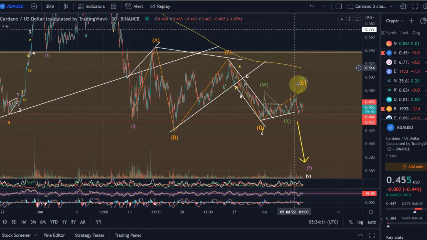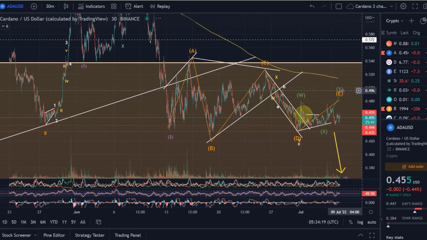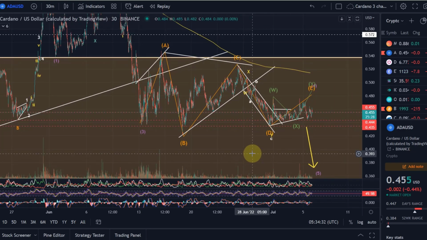If we don't, and if we move above the wave A high at 54.7 cents, it would be a more bullish scenario. At the moment it doesn't make any sense to track a bullish scenario because it is just not showing any evidence for it. The price action doesn't justify it. In the same way as I say for Bitcoin and Ethereum, primary expectation is still that we make a lower low, that we need a lower low until we break a certain key structural level and get out of this selling area.